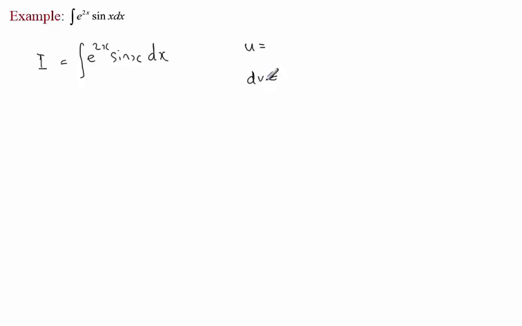Are you together? What I'm going to do here is say e to the power 2x is u, and sine x is dv. Then my du is going to be equal to 2e to the power 2x, and my v is going to be equal to minus cos x.